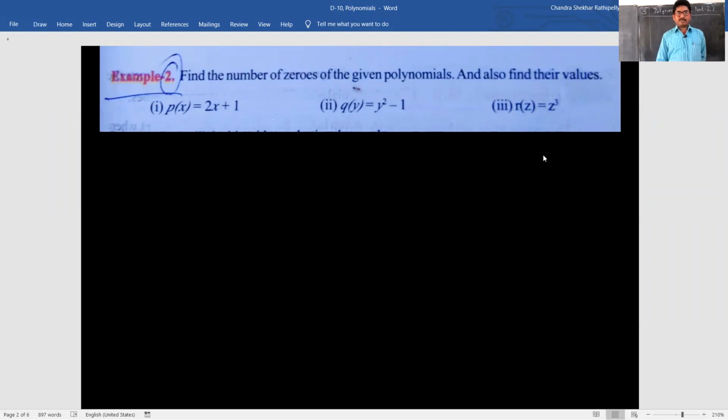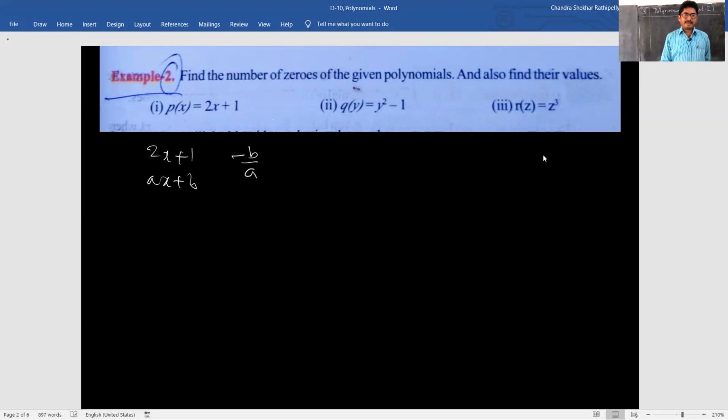We know, children, there are two methods to find the zeros of the polynomial. Using the formula: p of x equals 2x plus 1. It is in the form ax plus b. The zero is minus b by a, so minus 1 by 2.